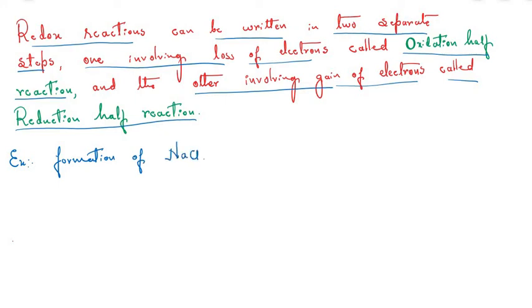Initially I'll be taking sodium, which is actually a solid substance, right? And if it loses an electron, then I can write it as Na+ plus an electron, and this is in the form of gas. Now this process is called the oxidation half reaction.